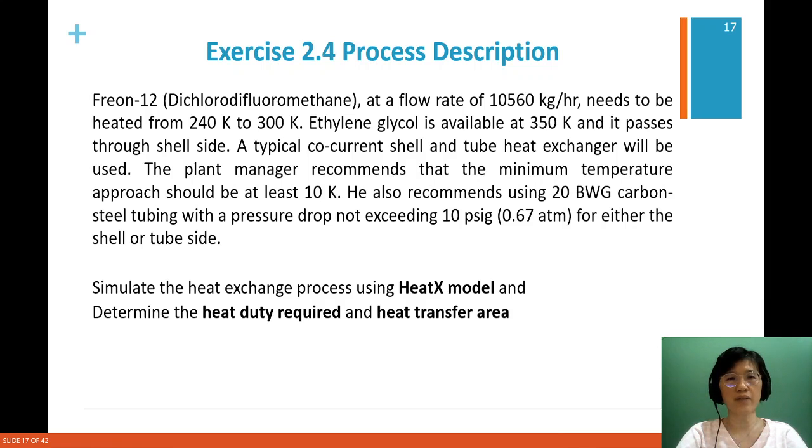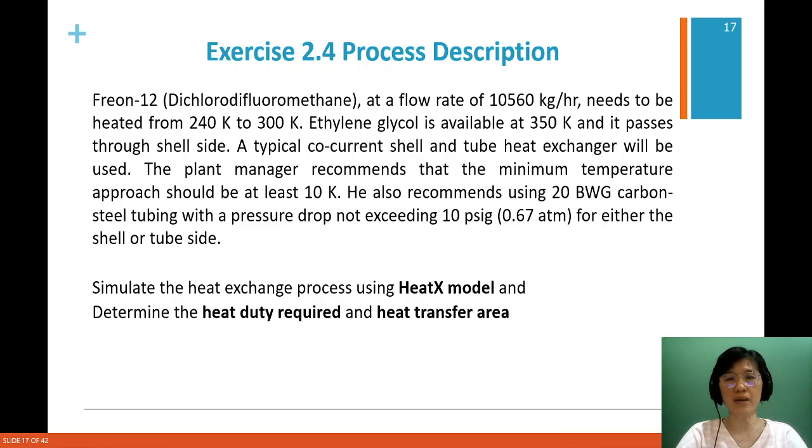We have this fuel 12 at a feed flow rate of 10,560 kilogram per hour that needs to be heated from 240 Kelvin to 300 Kelvin. And ethylene glycol, which is fed at 350 Kelvin at the shell side, will be used as a hot stream to heat up the fuel 12. Right.